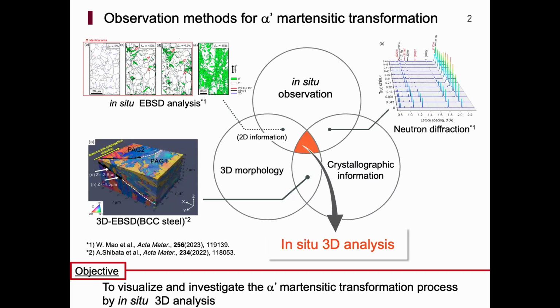But when it comes to the transformation process in temporal and spatial scales, in situ 3D analysis is very important to understand it. So the objective of this study is to visualize and investigate the alpha prime Martensitic transformation process by in situ 3D analysis.